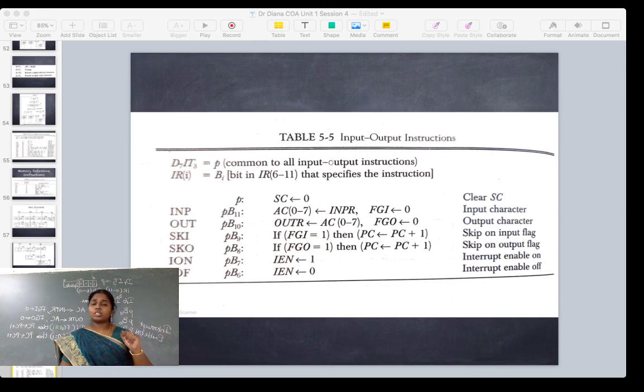But when it is doing some special tasks, it disables the interrupt enable flag and sets the IEN flag to 0. When the IEN flag is 0, it means that it is doing some important task and should not be interrupted. So when the interrupt enable flag is 0, an interrupt signal cannot be sent to the CPU.